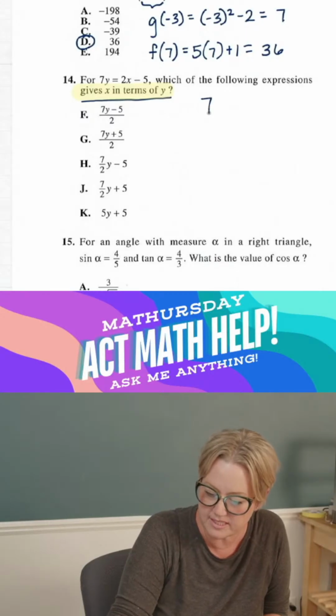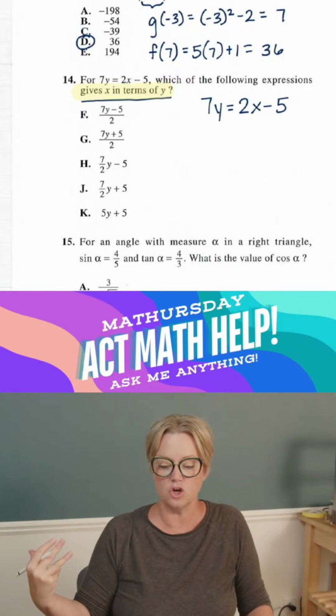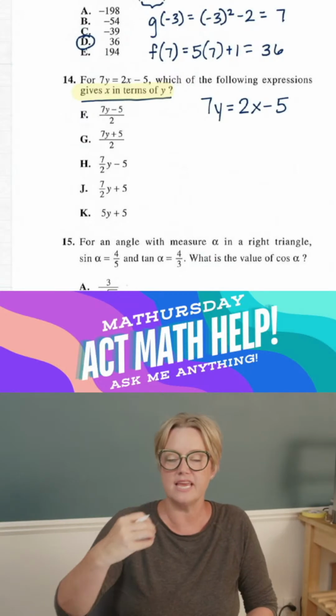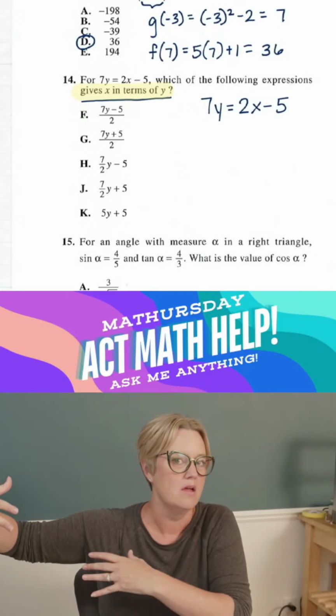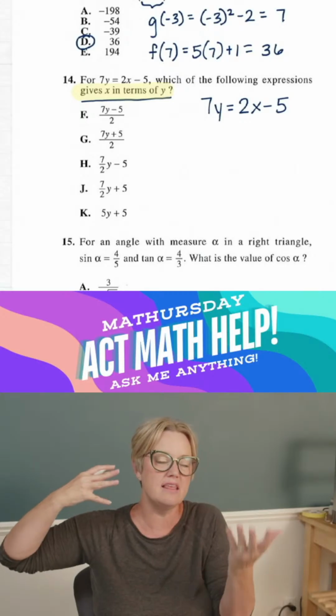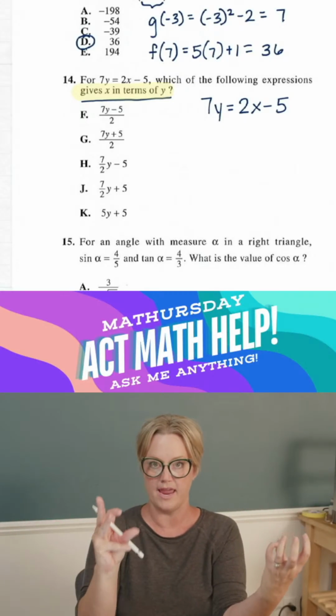We start out with 7y equals 2x minus 5. Giving X in terms of Y means that you have X equals something including Y. It's relating the value of X by itself to whatever Y is.